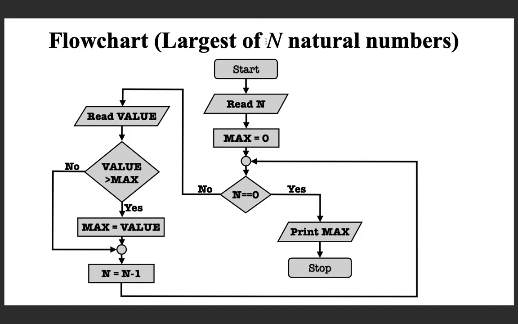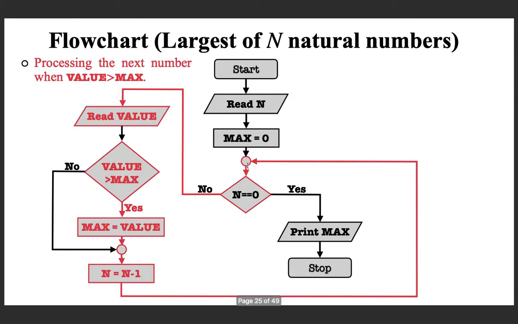In this part of the flowchart, it is reading the number of numbers and also initializing the max as 0. Note that we are asked to find the largest of n natural numbers. Hence, this initialization is okay. This is what we did in our algorithm.